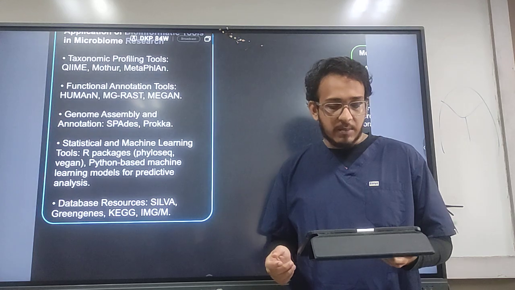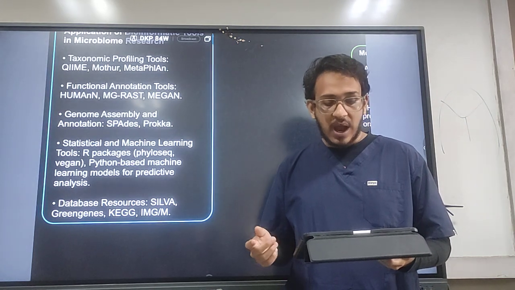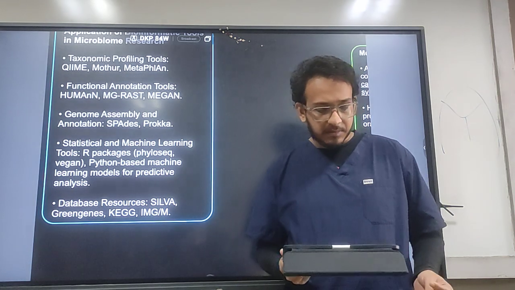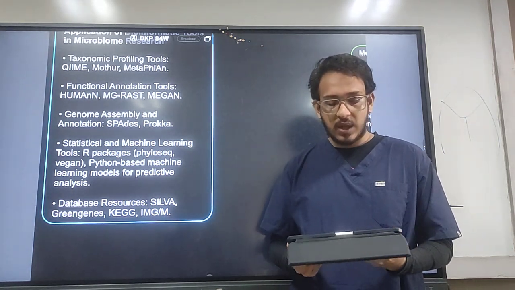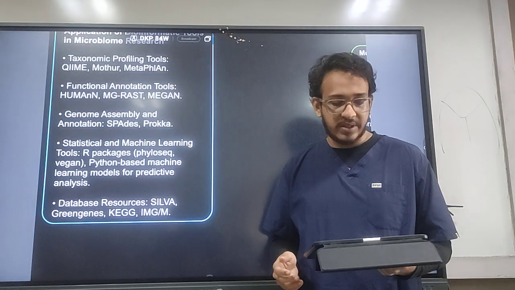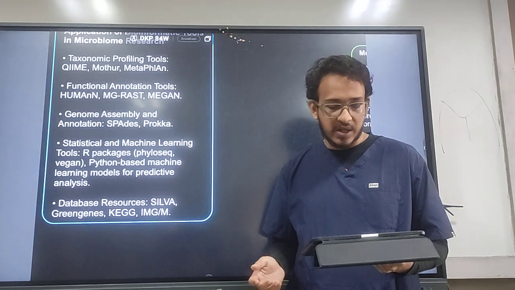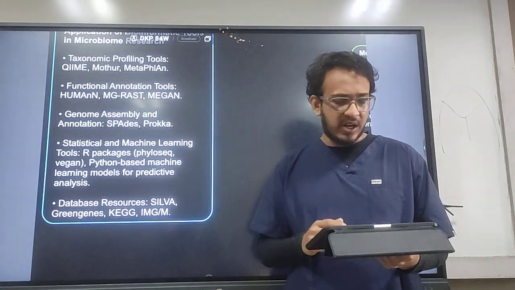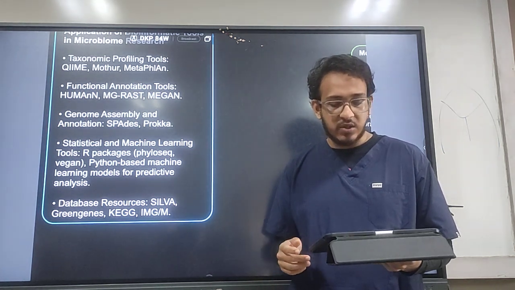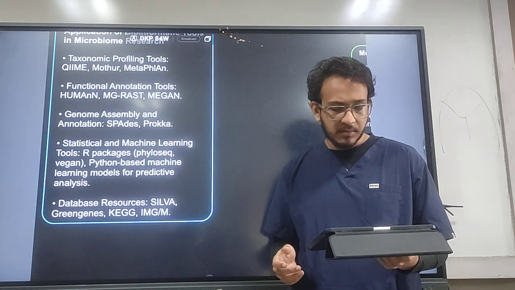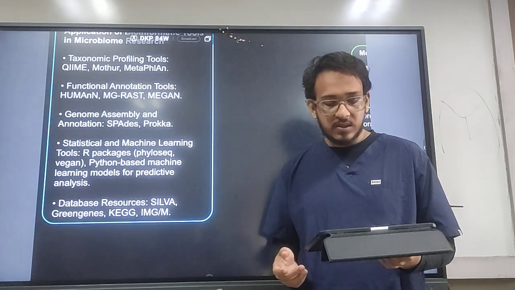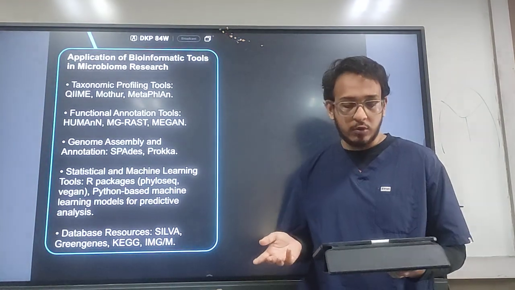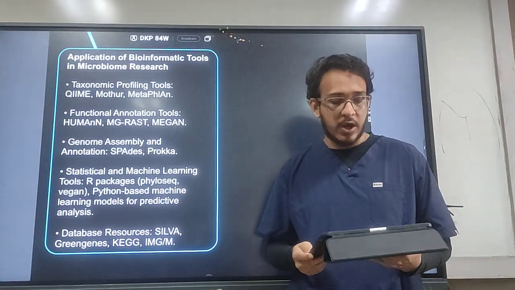Then genomic assembly and annotation tools such as SPAdes and Prokka. Statistical and machine learning tools such as R packages and Python based machine learning models for predictive analysis, and the database resources such as Silva, Greengenes, KEGG and IMG. So these all are the bioinformatic tools that can help in microbiome research.